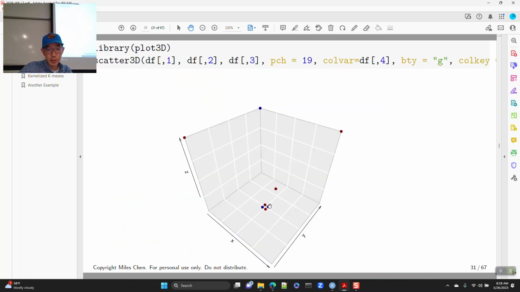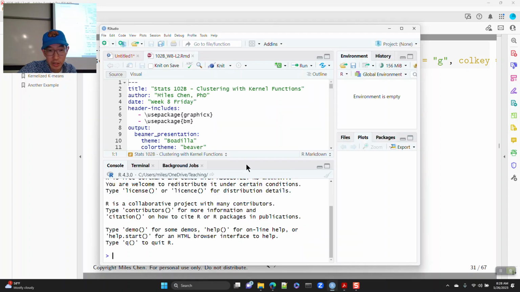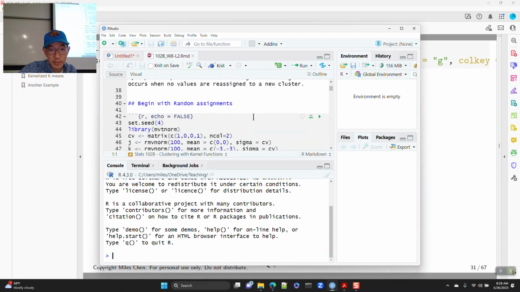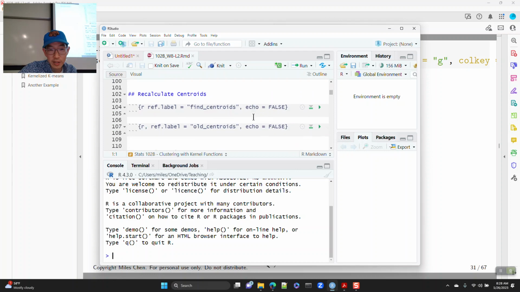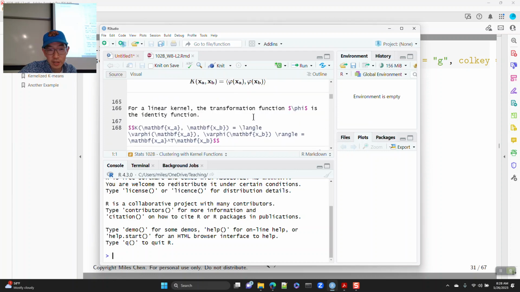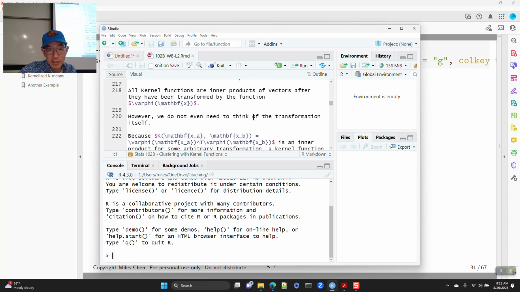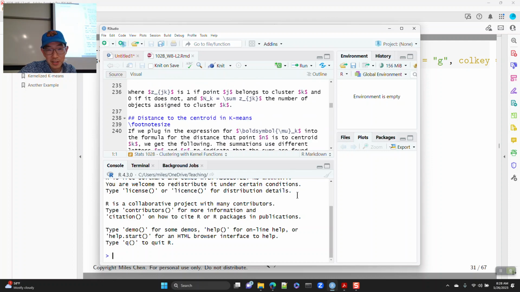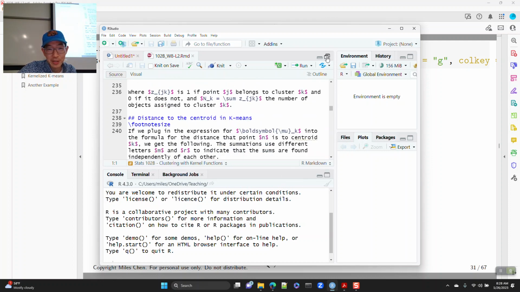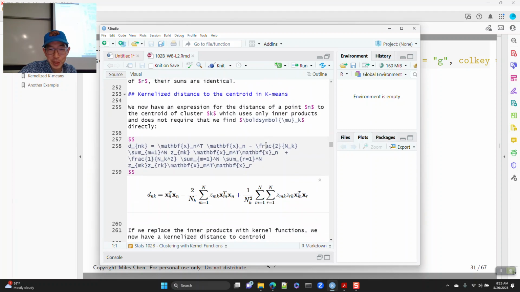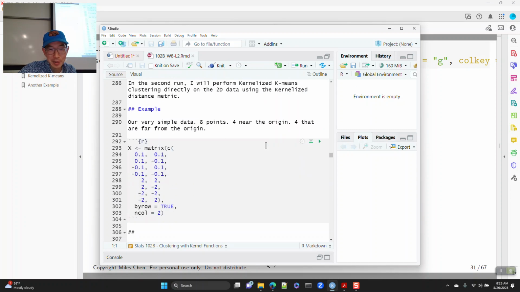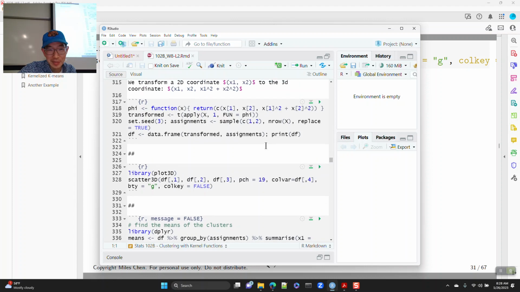And I'm going to plot them. This is what it looks like. So I think you guys know I do all of my slides in R Markdown, and it's great.